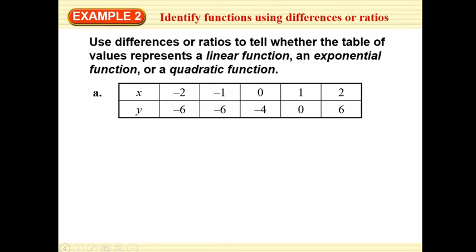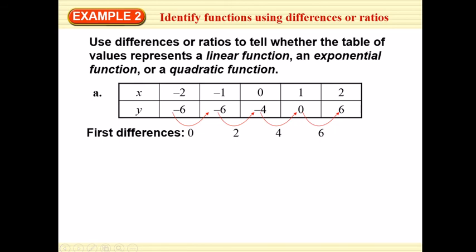All right, so let's look at another example. We're going to use these differences or ratios. I'm going to look at my x values first. Make sure that I'm increasing by 1, increasing by 1, increasing by 1. Okay, I'm good, so I can go ahead and use these ideas here. From -6 to -6, that is a 0.